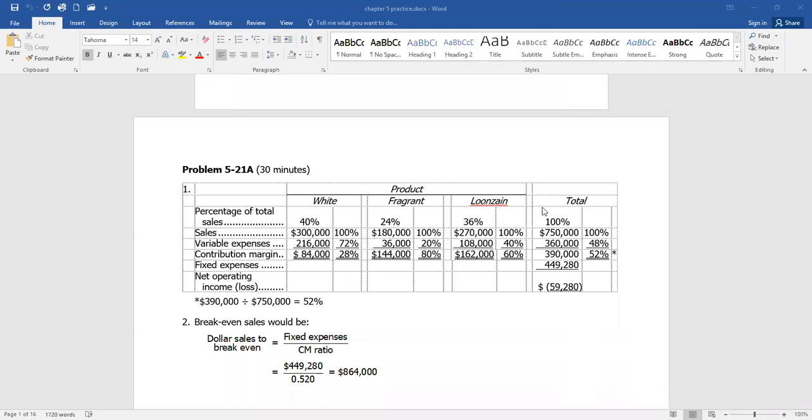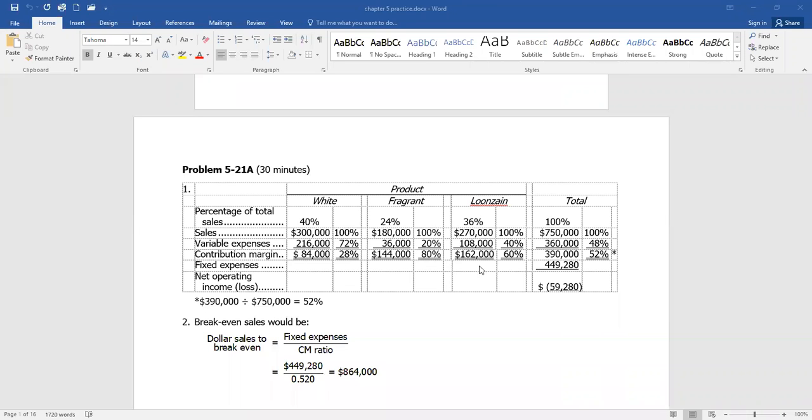If the sales are 180 for fragrant, then 20% of the sales would be variable expenses. So 20% of 180,000 would be 36,000. So contribution margin would end up being 144,000. And then finally, on the Lunzane, if sales end up being 270,000, 40% of sales is for variable expenses, 108,000.